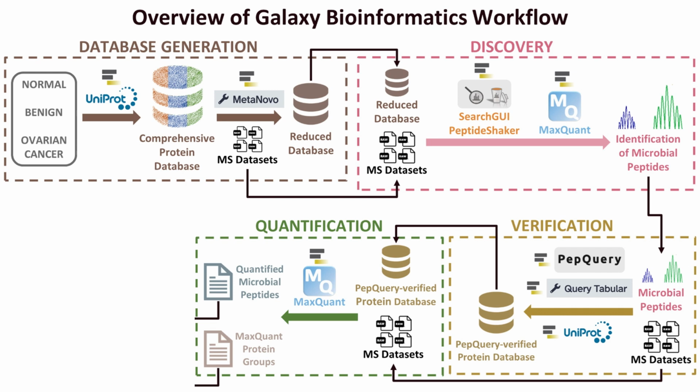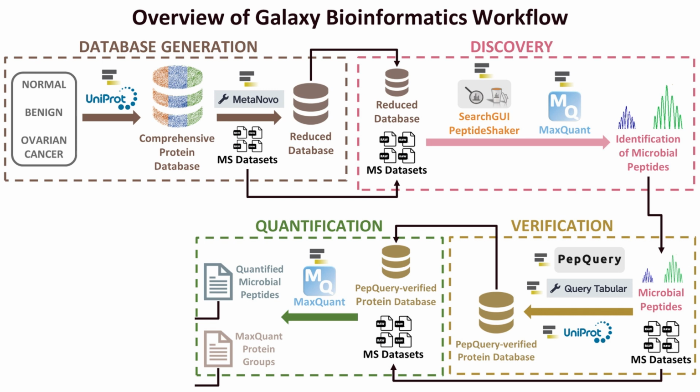Here we will take the verified protein sequence database from Module 3 and use it as our input database for MaxQuant quantification. You may remember back in the discovery module, we used MaxQuant to identify peptides for verification. Now we will use MaxQuant to further quantify verified peptides, both microbial and human.